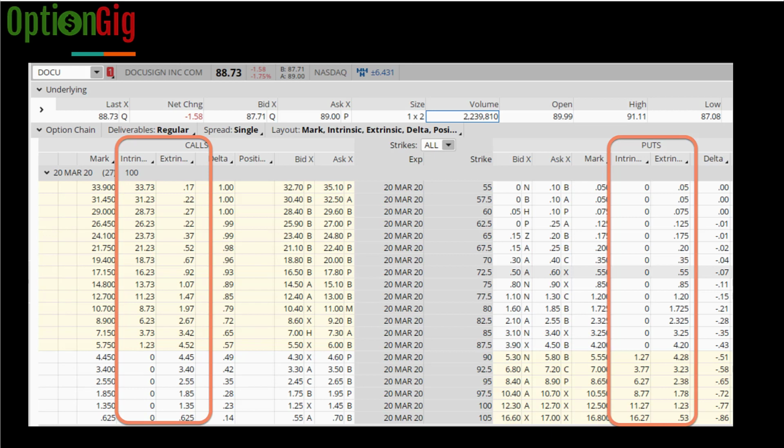So this is a real life example that we looked at for the call. Similarly, if you're interested, you can log on to your broker platform and look for intrinsic and extrinsic on the put side also. It shows a similar behavior. In the money put options have both intrinsic and extrinsic components in the option pricing. Out of the money OTM options have only the extrinsic component in the option pricing.